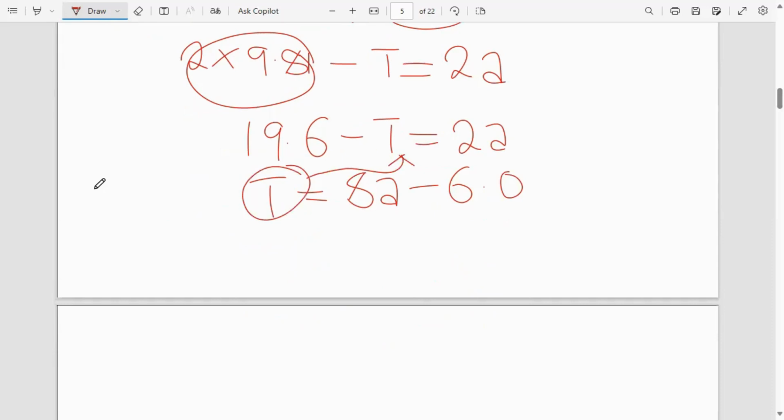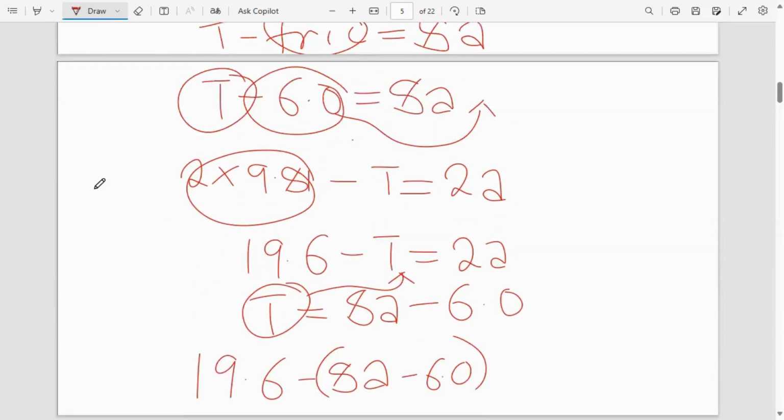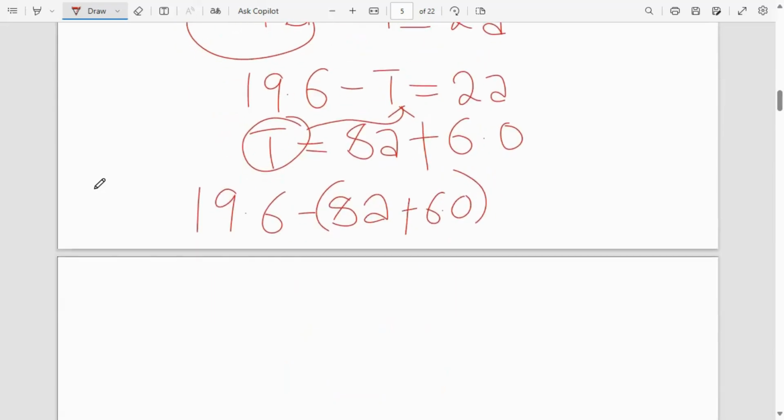So I'm going to get 19.6 minus, what is our T? Our T is 8A minus 6.0. I'll put this in brackets. Oh, it's plus. 6.0 here was a negative, so if I take it to the other side, it will be a plus, like that. All right, so there'll be a plus here, and this will be equal to 2A, like that.